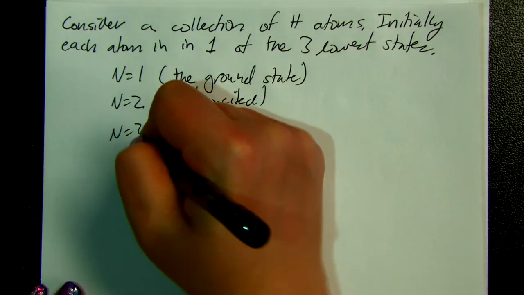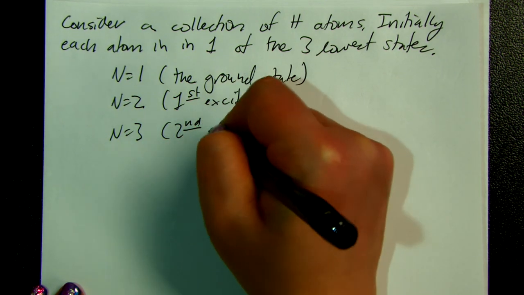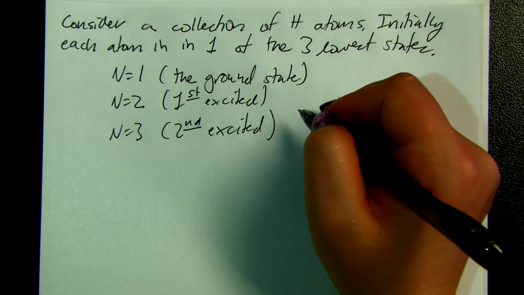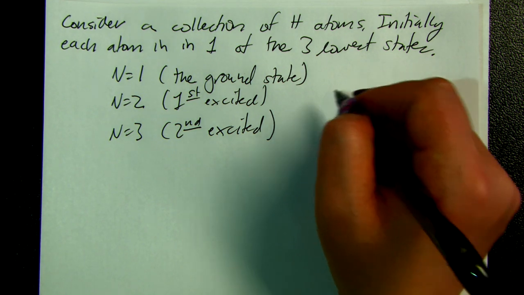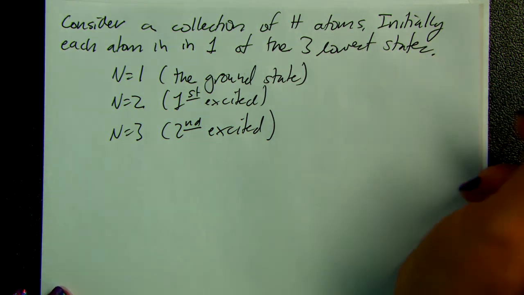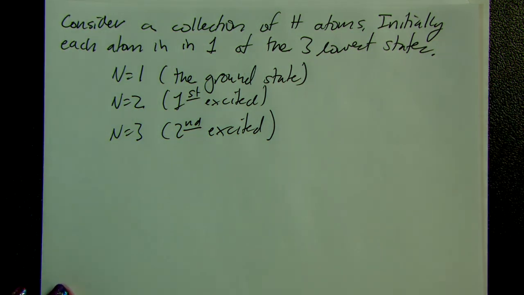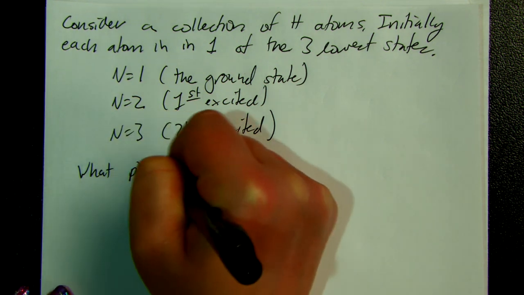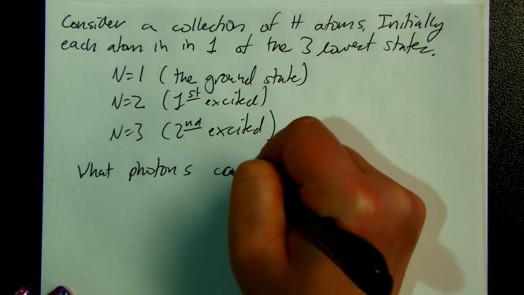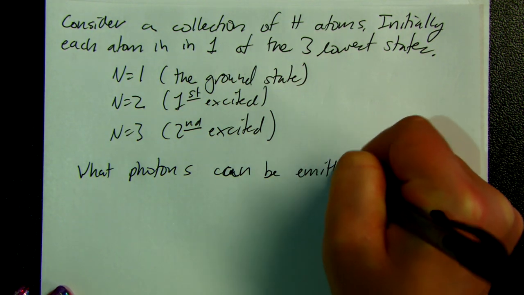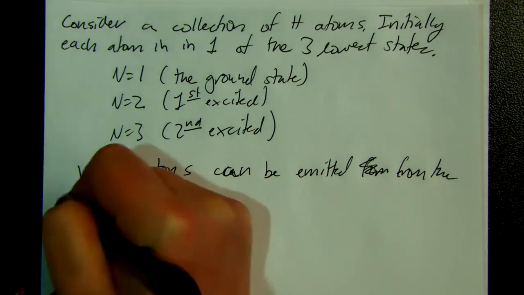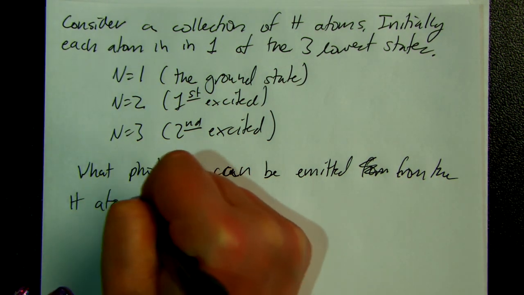And n equals 3, which is the second excited state. And so the question is, what photons could be emitted from these hydrogen atoms? They're only in 3 different states.